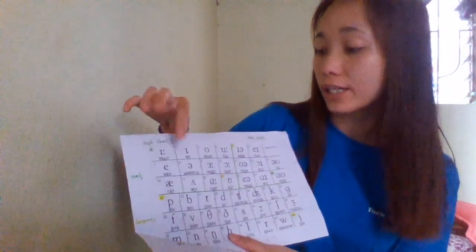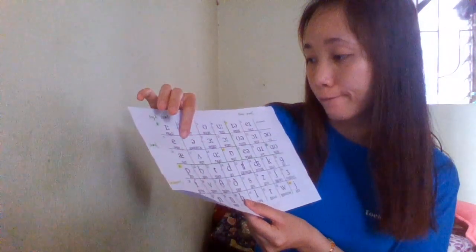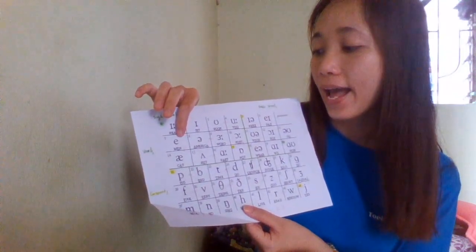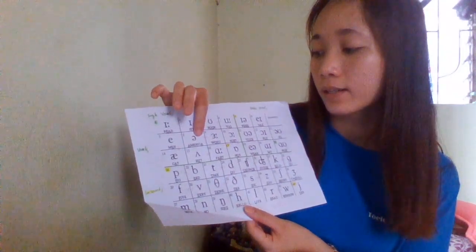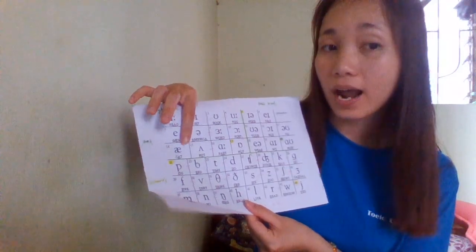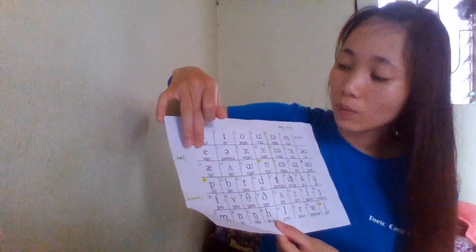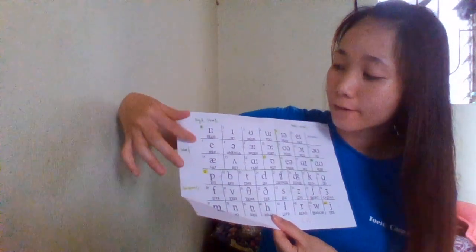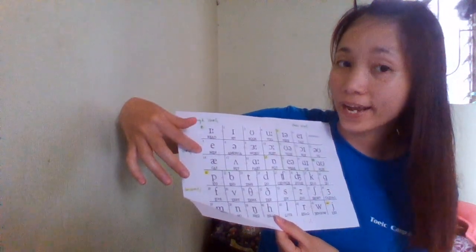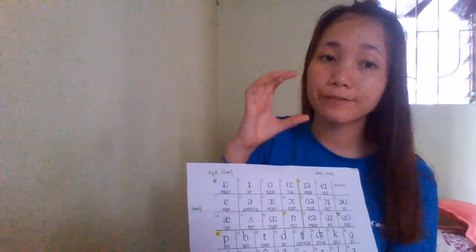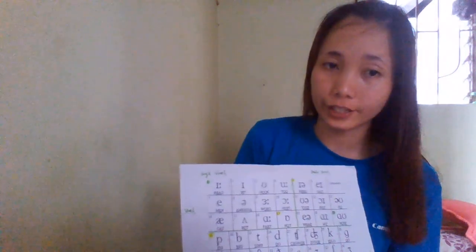Now we move to the second pair of single vowels. They are a and air. You can see when I speak the single vowel a, my mouth is open differently.